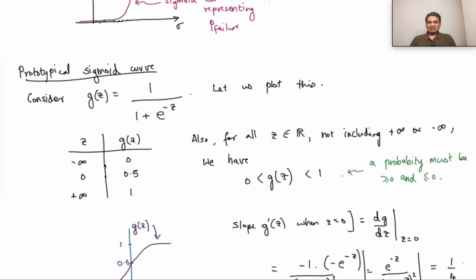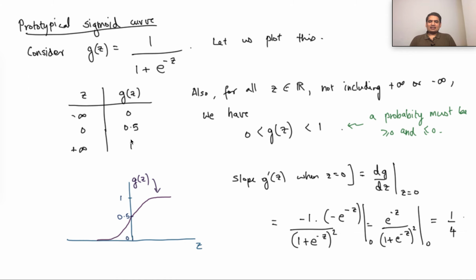So when z equals minus infinity, you get 0. Similarly, when you plug in z equals plus infinity, you get e power minus infinity, which is 0, so 1 over 1 plus 0, which is 1. Then when you plug in z equals 0, you get 1 plus e power 0. E power 0 is 1, so 1 over 2, which is 0.5.